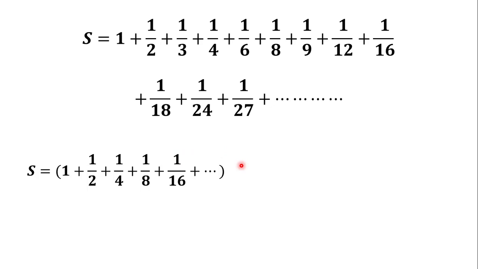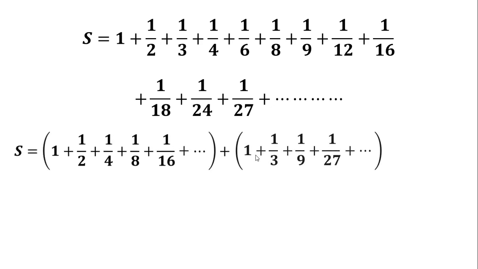In the next step, we want to write all fractions whose denominator is a power of 3 in one parenthesis: 1/3, 1/9, and 1/27.